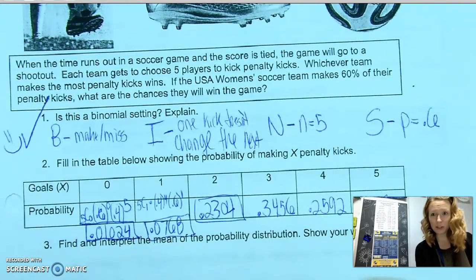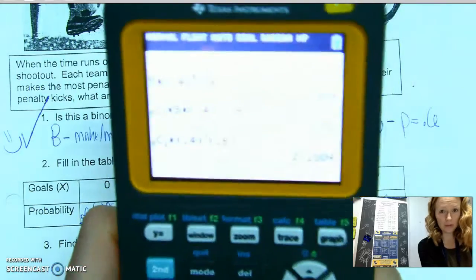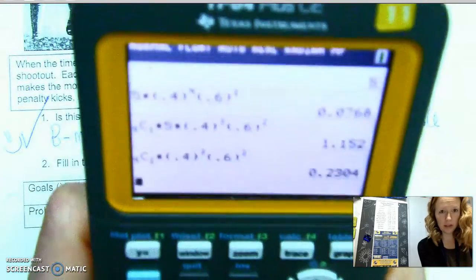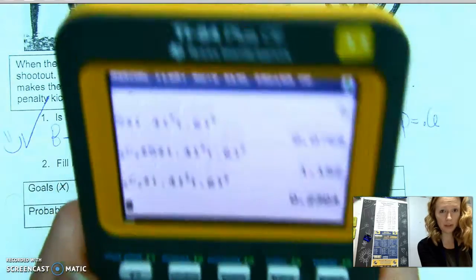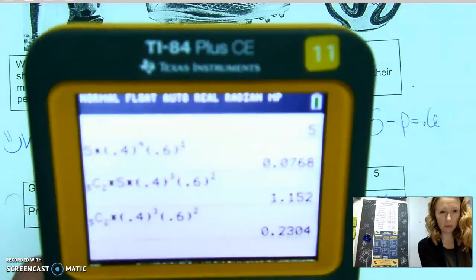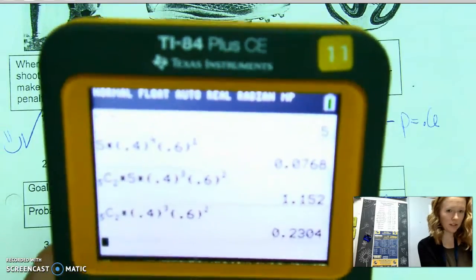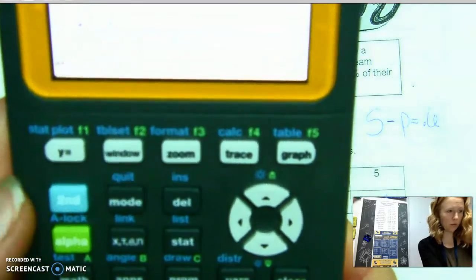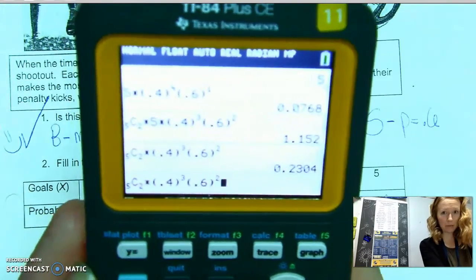All right, and I also wanted to show you something cool on your calculator. What I did is I have that nCr function, and instead of hitting enter to find my answer, I typed in the rest of the formula. And then instead of retyping this over and over again, you can hit the second button, the blue one, and then enter, and the entry that you just typed in pops right back up again.